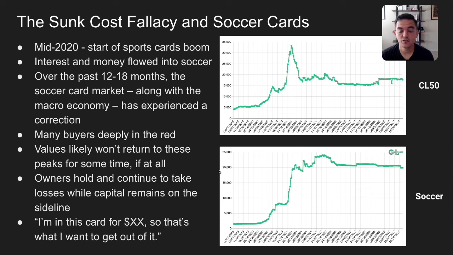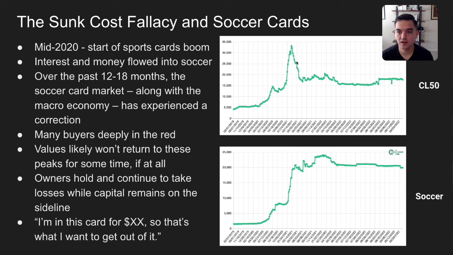You can see these 2 graphs on the right. The top one is the Card Ladder 50 index, where you can see the huge spike in mid-2020 up into early 2021, and then a pretty big correction down to effectively where we have settled today. Higher than where we were, but obviously much lower than the peak, about half the peak. And over the past 12 to 18 months, the soccer card market, along with the macro economy, has experienced this correction.